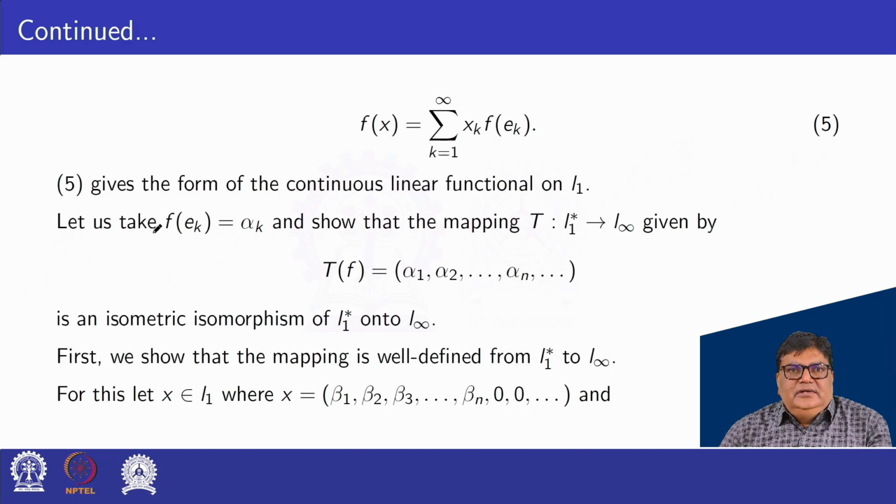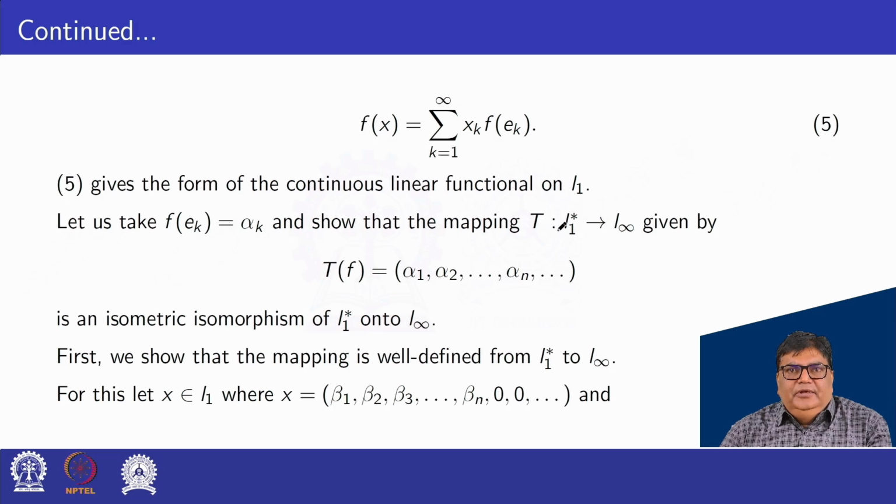Let us take f of ek equal to alpha k and show that the mapping T from L1 star to L infinity, given by Tf equal to alpha 1, alpha 2 and so on, alpha n and so on, is well defined. f is an element of L1 star, a continuous linear functional on L1.